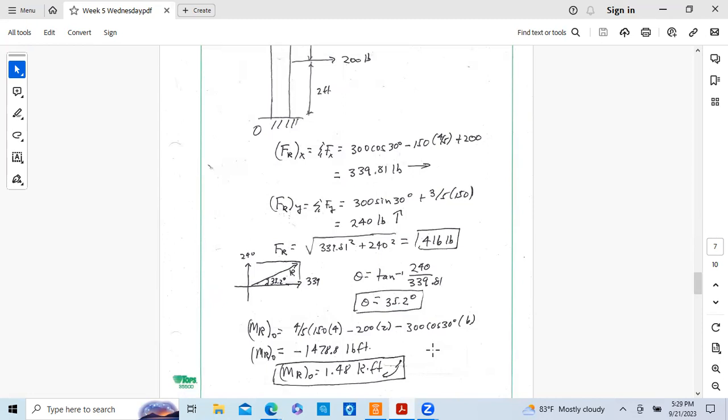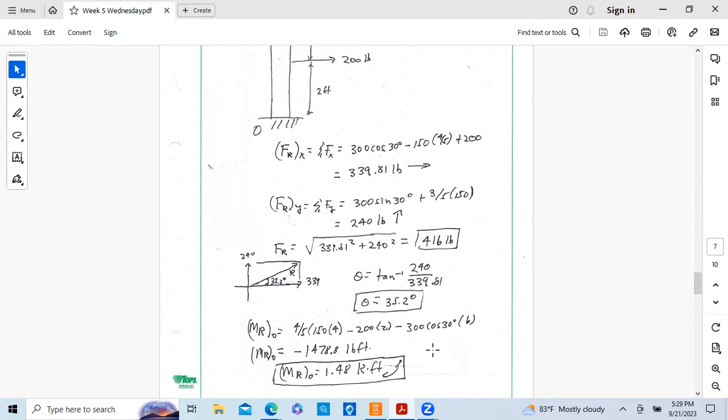What I want you to keep in mind now is the fact that we need to look at this at 3 places. And this is the first real test of the concept of the 3 places. 1,478.8 pound-feet. So we want 3 places, which takes us to 1.48.